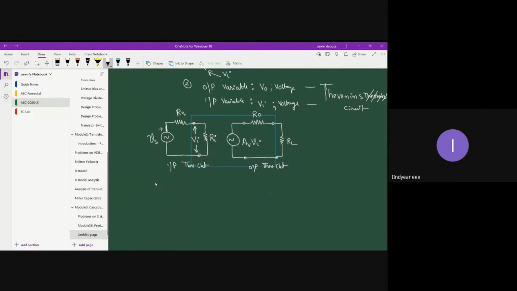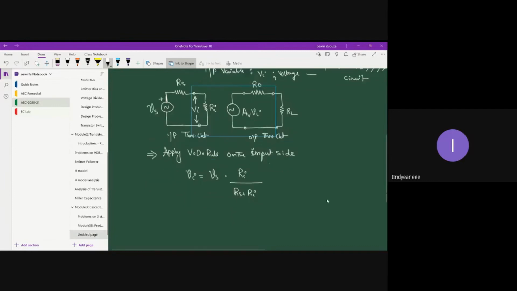So what we will do is apply voltage divider rule on the input side. Let's write an expression for Vi based on voltage divider rule. Vi is equal to source voltage Vs into resistance across which voltage is measured, that is Ri, divided by sum of the resistances Rs plus Ri.